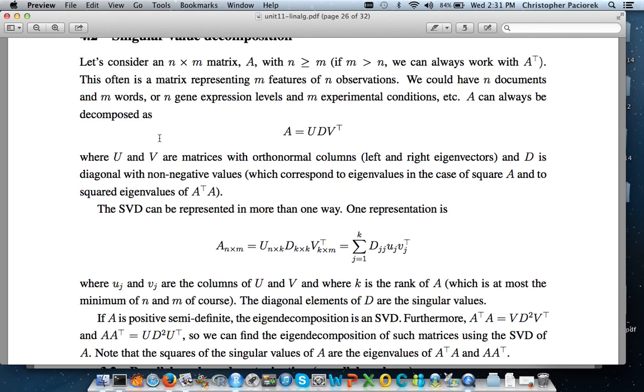And then I'm going to have another orthogonal matrix, V, which is now going to be k by m. So this is now in the space of topics, and this is now basically in the space of words.